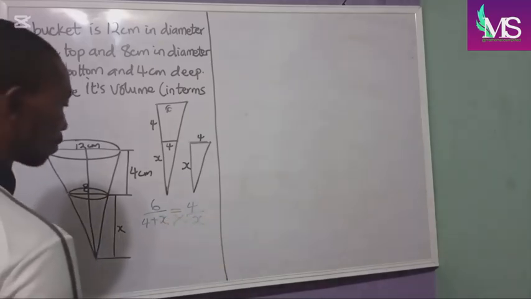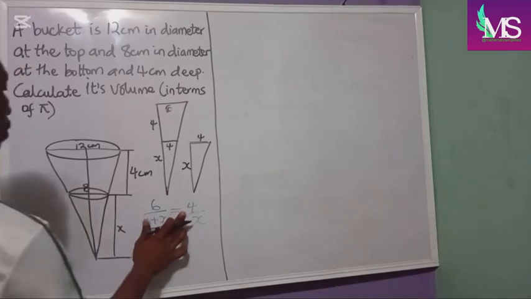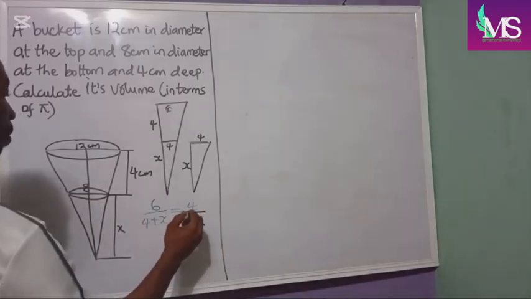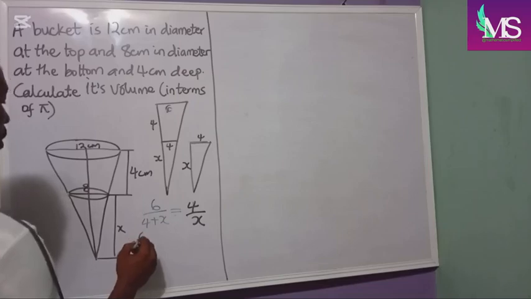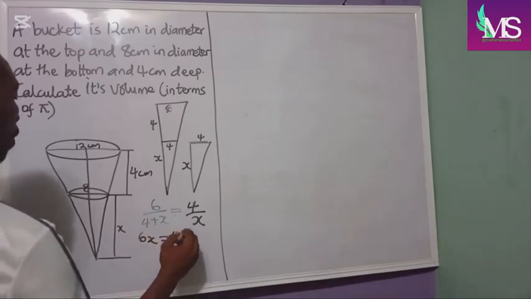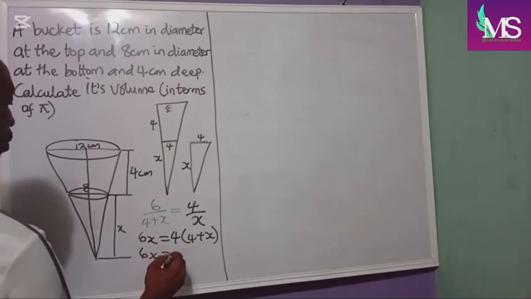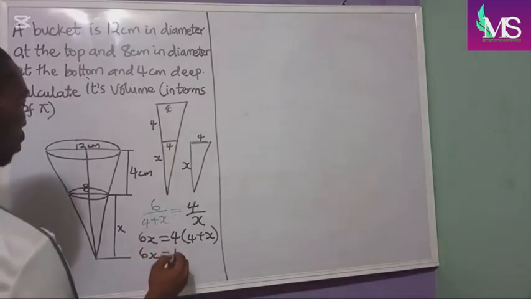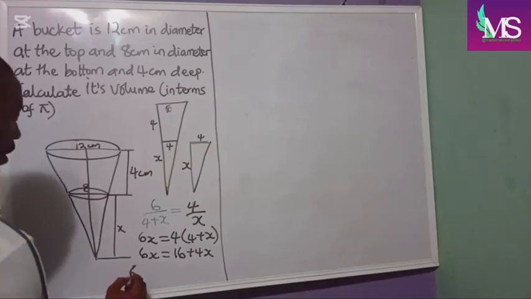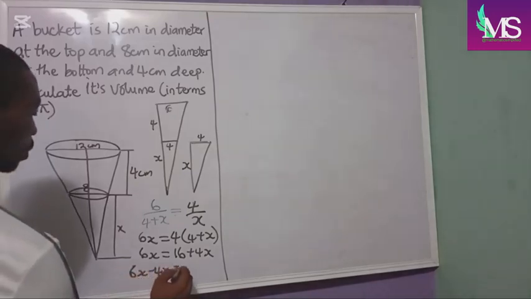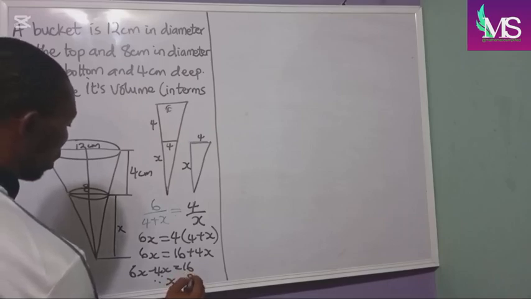Now cross multiplying, this becomes 6x equals 4 bracket 4 plus x, which will give us 6x equals 16, 4 times 4 is 16, plus 4x. So 6x minus 4x equals 16. So therefore, x equals 8.